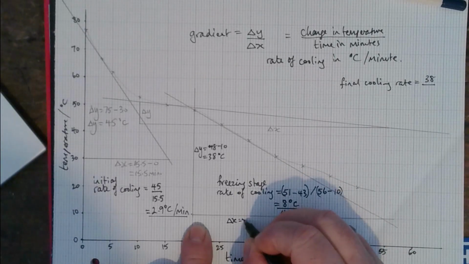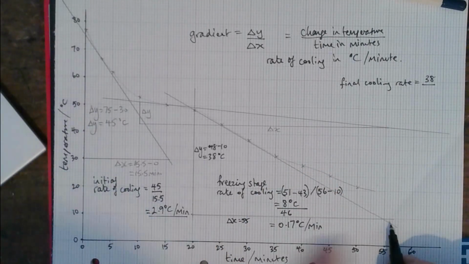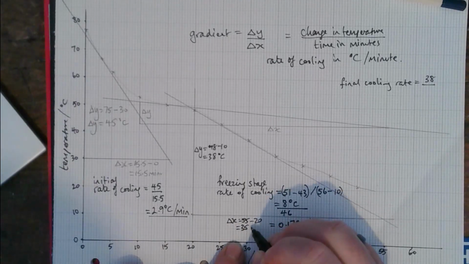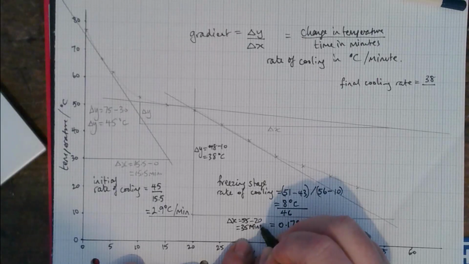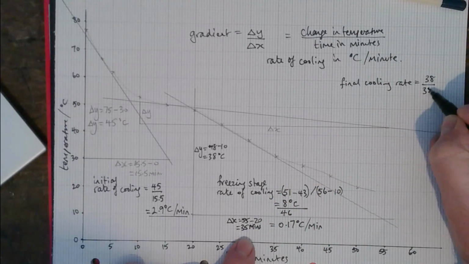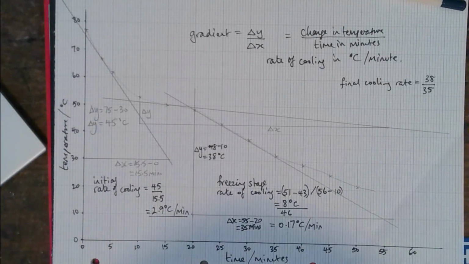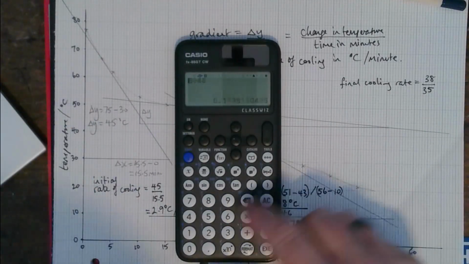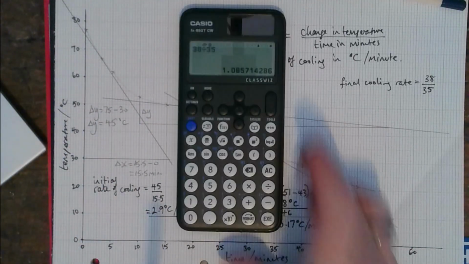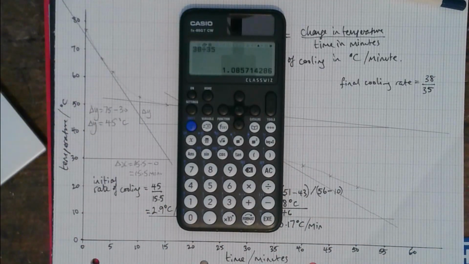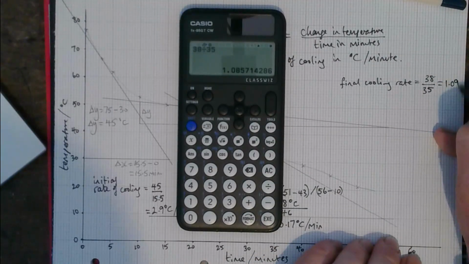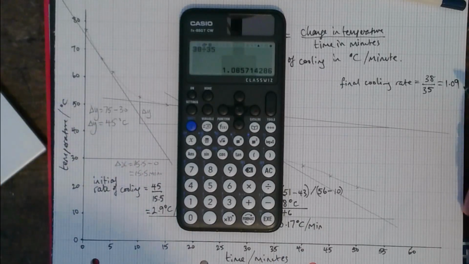I've got 55 minus the 20, so we're talking about 35 minutes. 38 divided by 35 is 1.09, and that's going to be degrees Celsius per minute.